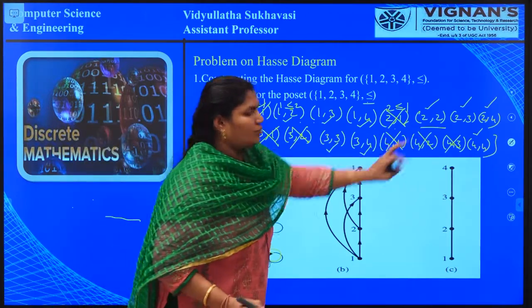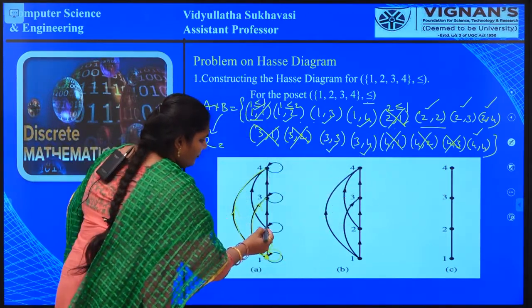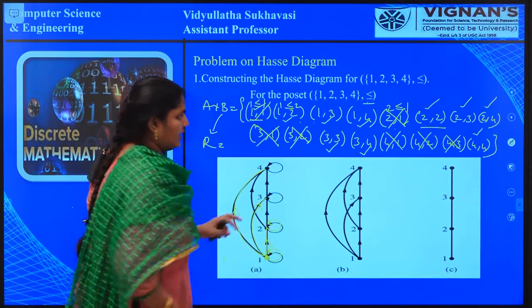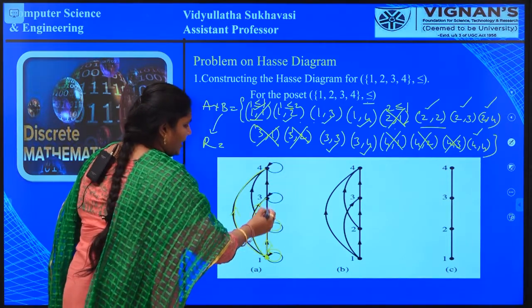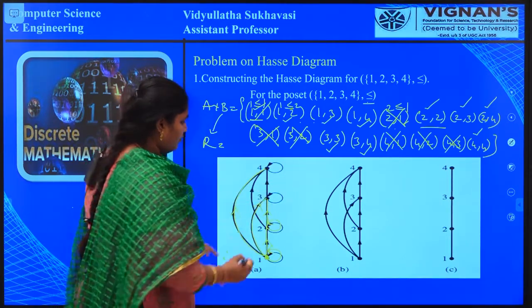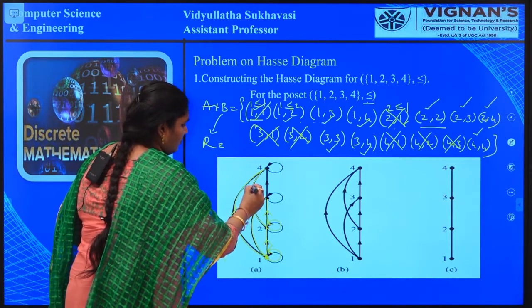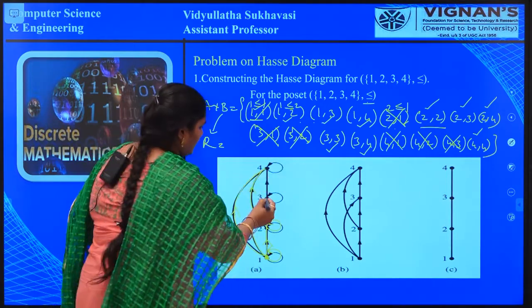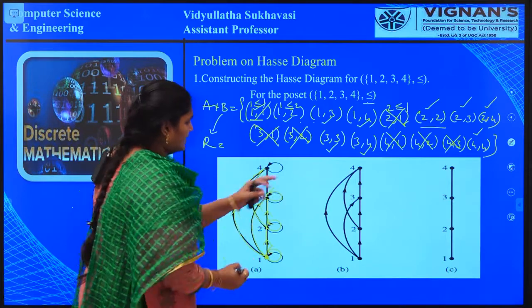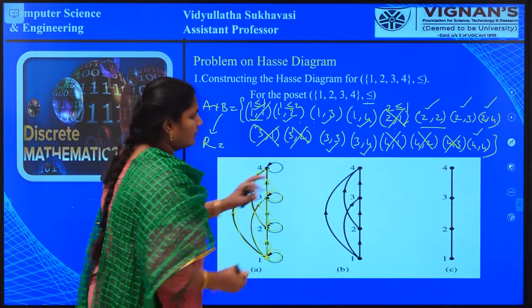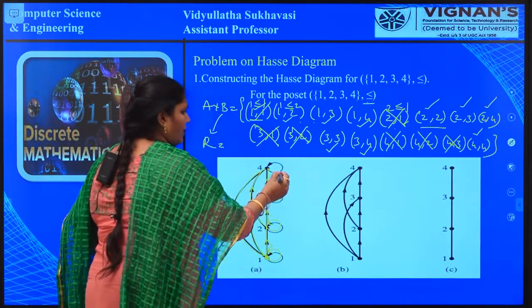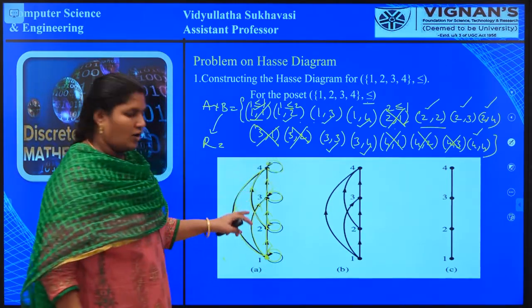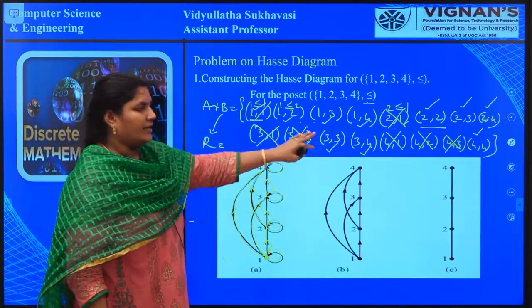Next, 2 comma 2, that means at node 2 we draw a self loop. Next, 2 comma 3, from 2 we are representing. Next, 2 comma 4. Next, 3 comma 3, self loop. Next, 3 comma 4. The last one is 4 comma 4. So we have drawn the directed graph for the given relation R.